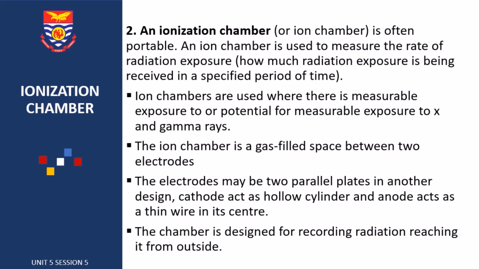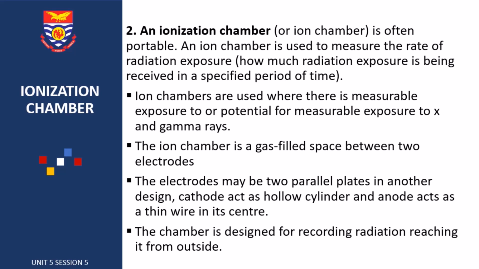Another form of the ionization counter that we shall be looking at is the ionization chamber. It is also portable like the Geiger counter. The ion chamber is used to measure the rate of radiation exposure.